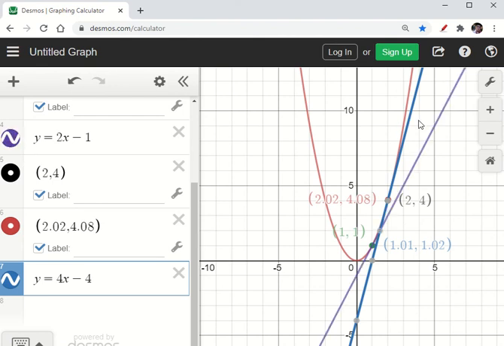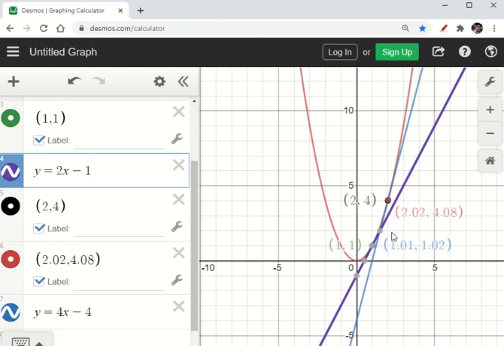As we can see here, for this point when the x is 2, the slope is actually 4. So it's different from the purple line here. For the purple line, when the x is 1, the slope is 2.